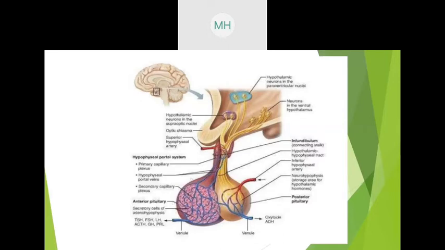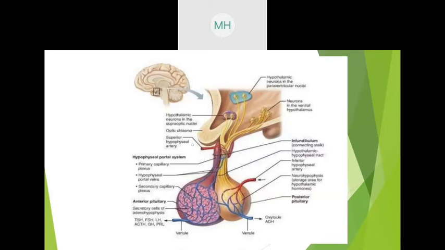This is anterior. It communicates from the hypothalamus to the anterior pituitary, the adenohypophysis, via the blood vessels called hypophyseal portal system.